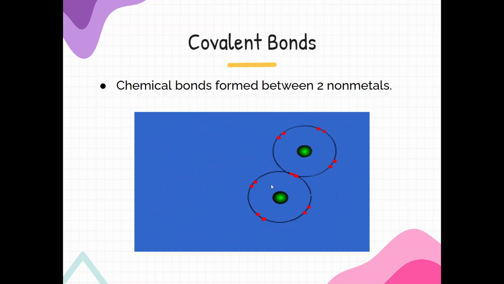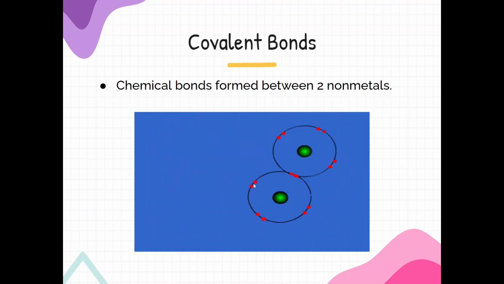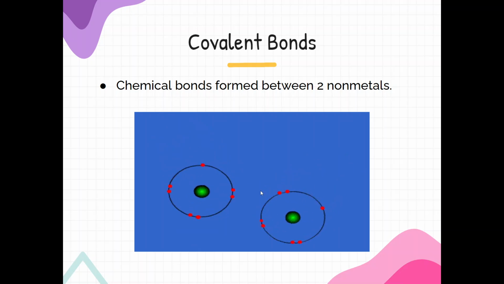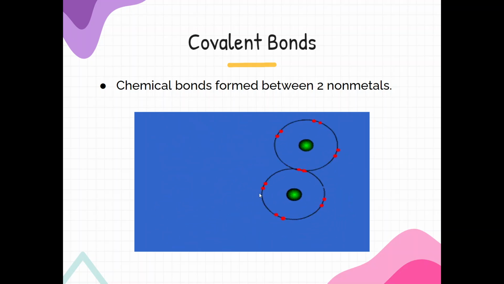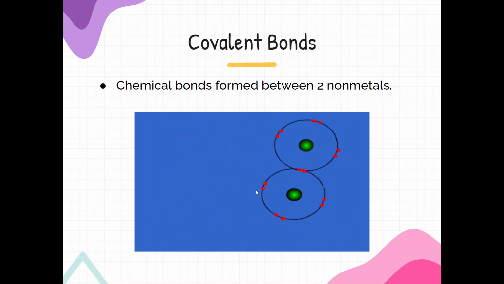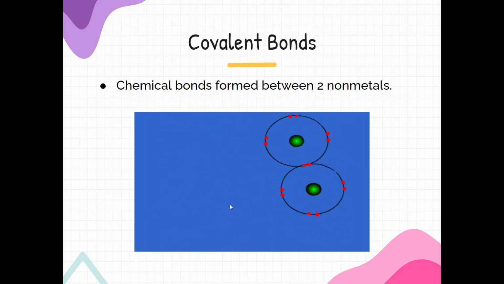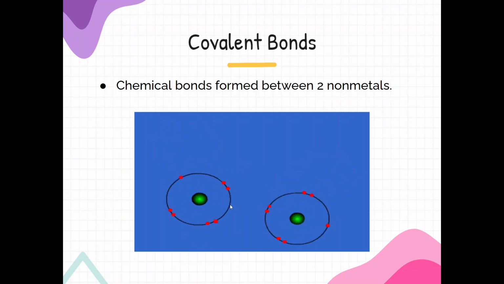And so the single electron on each fluorine atom is able to get together with the other electron on the other fluorine atom so that they can be shared. That sharing of valence electrons is what creates a covalent bond, and this only occurs between nonmetal atoms.